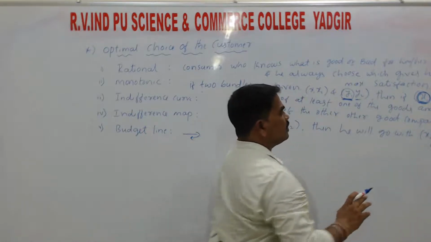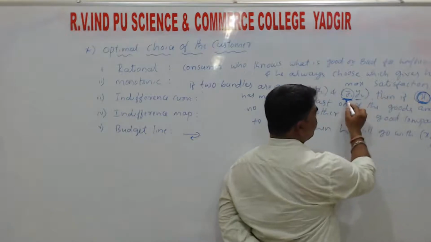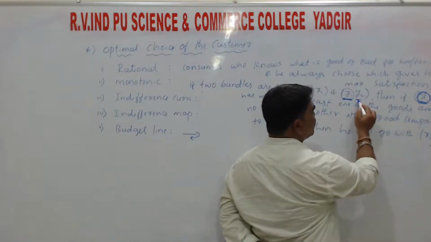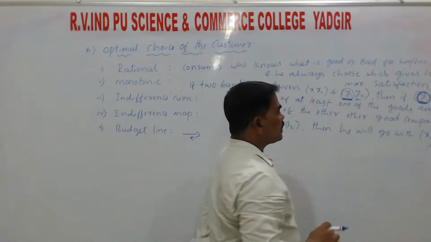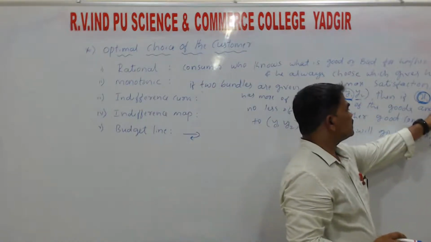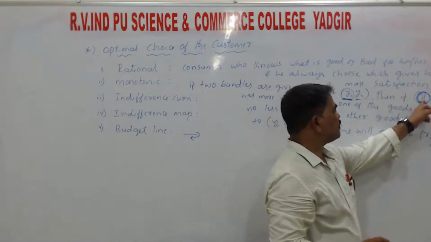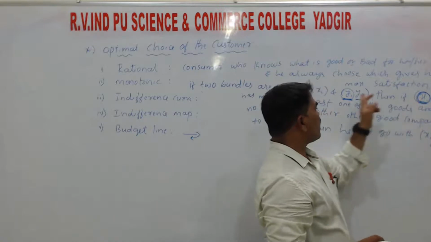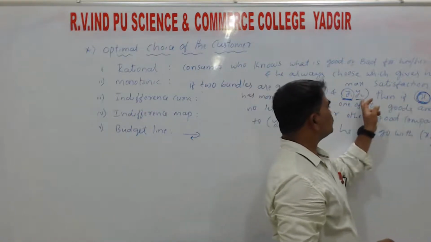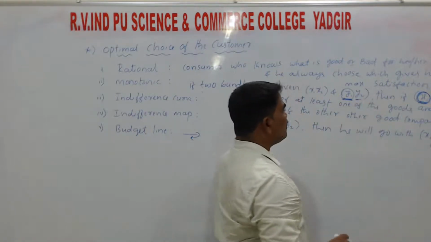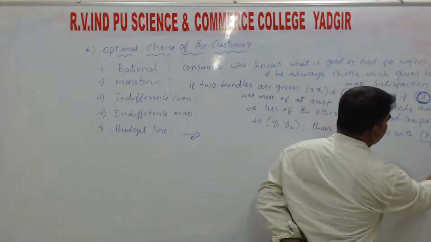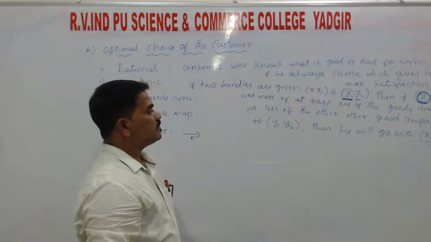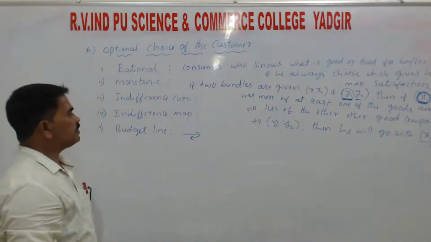For example, X1 is more than Y1 and X2 and Y2 are the same. If the quantity of X1 is more than Y1 and the quantities of X2 and Y2 are the same, then he will prefer the X1, X2 bundle. That we call monotonic preferences.